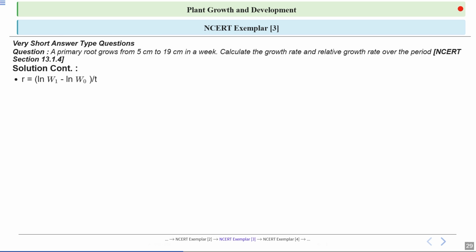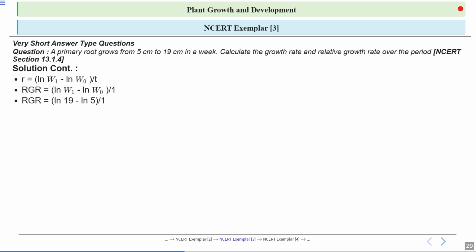So here, r is equal to log W1 minus log W0 divided by t, because we have to find the relative growth rate. So RGR is log W1 minus log W0 divided by 1, where 1 means 1 week.